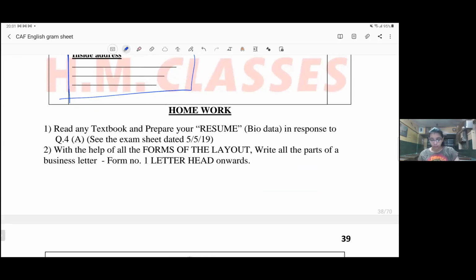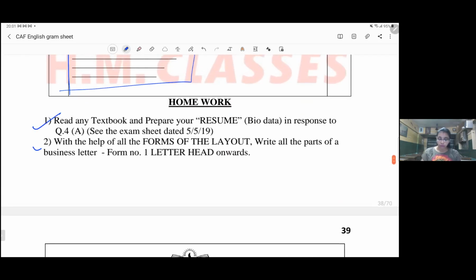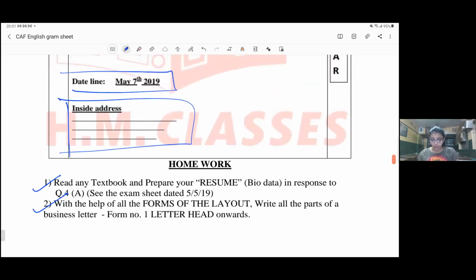Second thing, below this I have done homeworks, letters, resume, each and everything. So you all are going to complete this. I am going to put this in your assignment. You all will complete it. Clear?